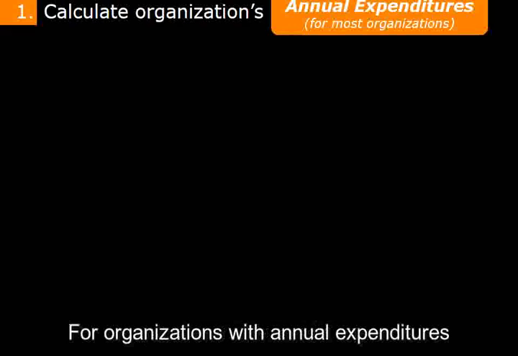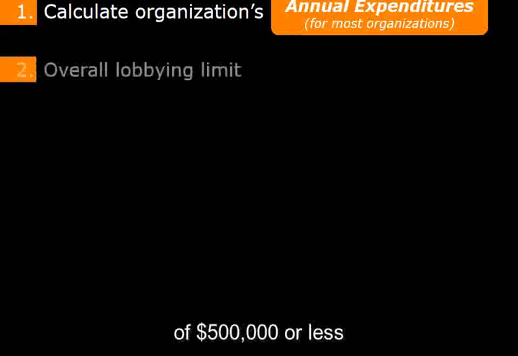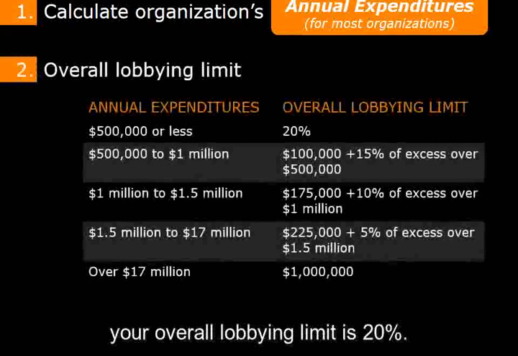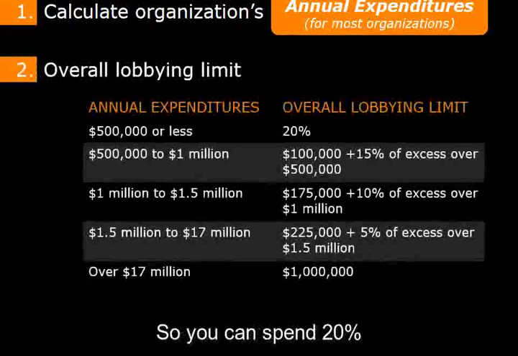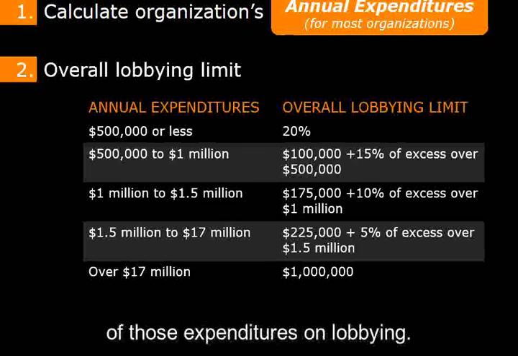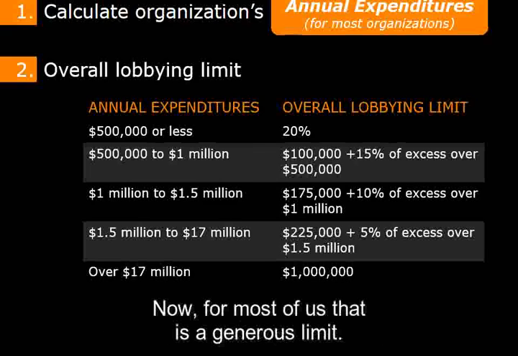For organizations with annual expenditures of $500,000 or less, your overall lobbying limit is 20%. So you can spend 20% of those expenditures on lobbying. Now, for most of us, that is a generous limit.